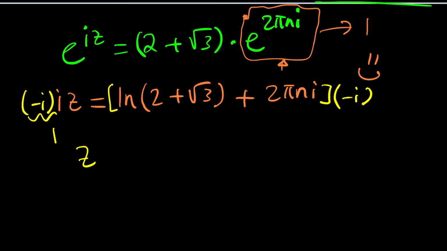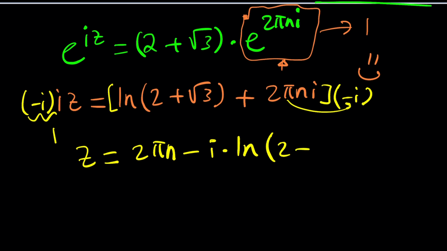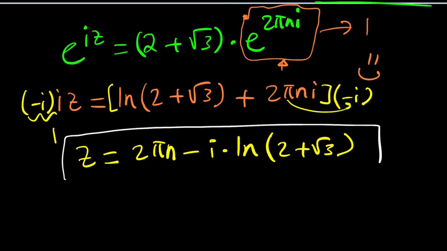This gives you z equals, when you multiply, you're going to get this. Negative i squared is 1 again. So you're going to get 2 pi n. That's why we got that in the solution from, well, if you call that a solution, from Wolfram Alpha, minus i times ln of 2 plus root 3. This is the part that Wolfram Alpha calls the arc sine or cosine, whatever, right? Anyways, this is our solution and I think it's better.